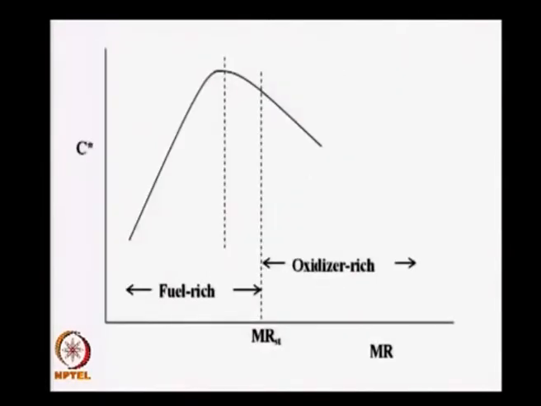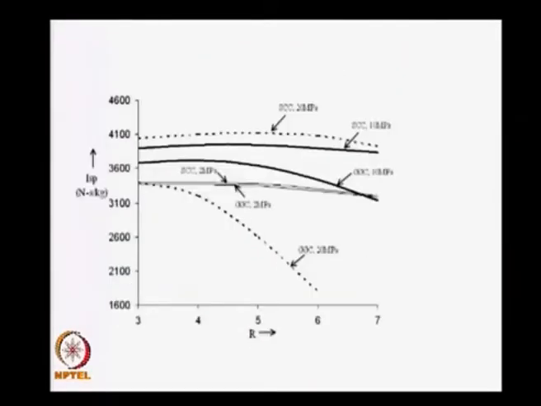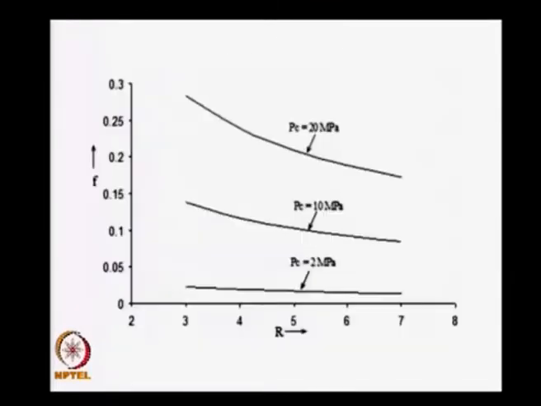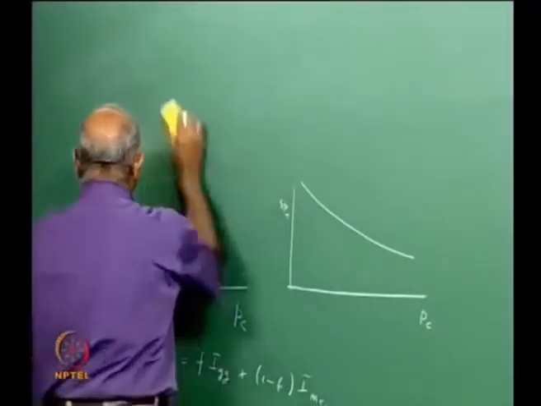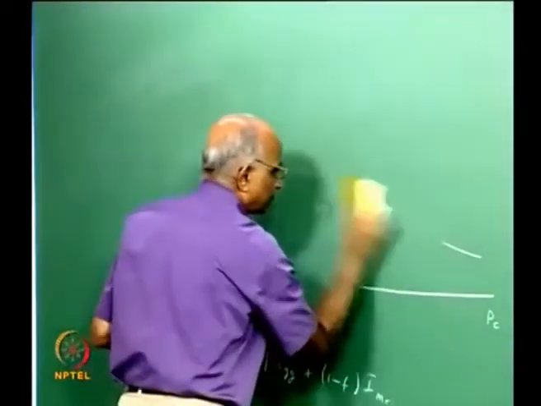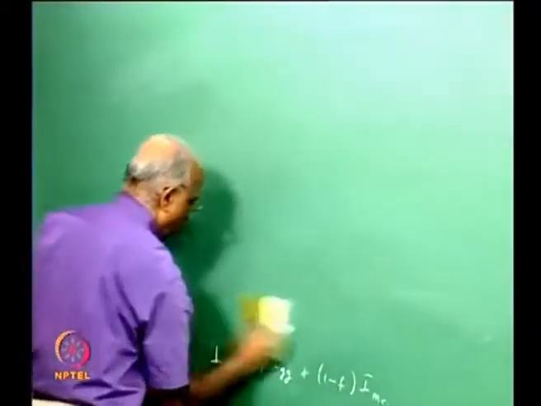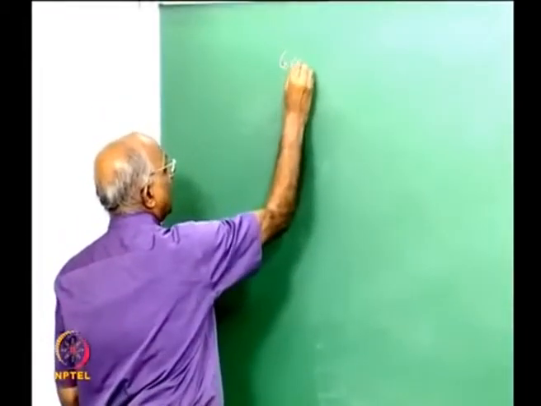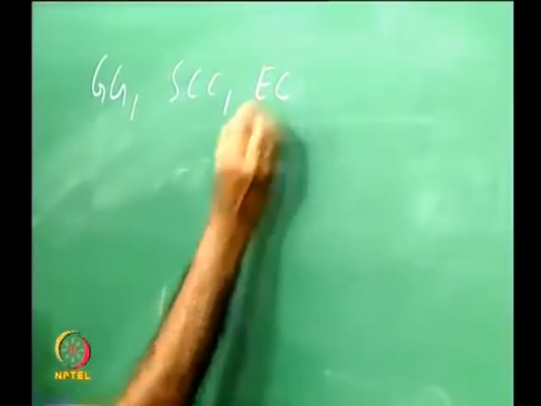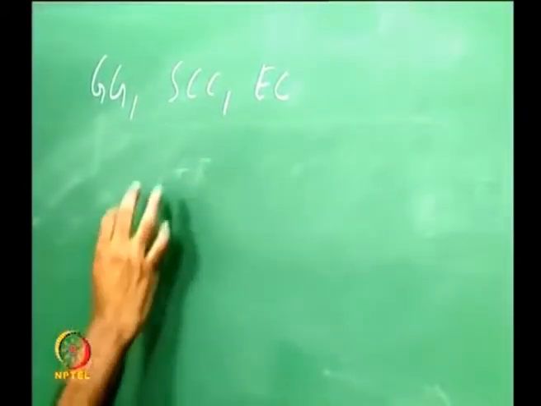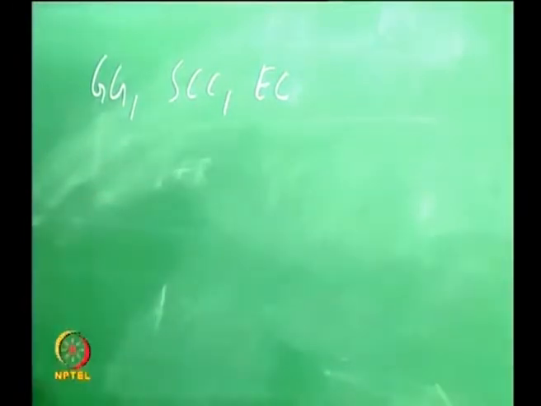This is how we compare the different feed system cycles, such as the gas generator cycle, the staged combustion cycle, the expander cycle, etc. Therefore, we will quickly sum it up by telling the following. We tell ourselves for pump fed systems we could operate as a gas generator fed system, as a staged combustion cycle, as an expander cycle. We told ourselves SCC is something like a topping cycle.